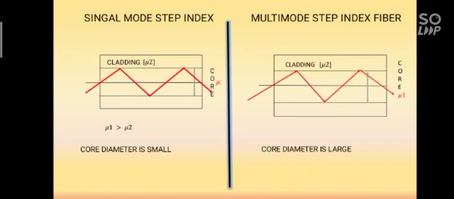So, this is called multi-mode step index fiber. Again, the critical angle depends on the external angle, that is called the acceptance angle. So, here we have many rays entering the fiber. That's why this is called multi-mode step index fiber on the basis of index profile.